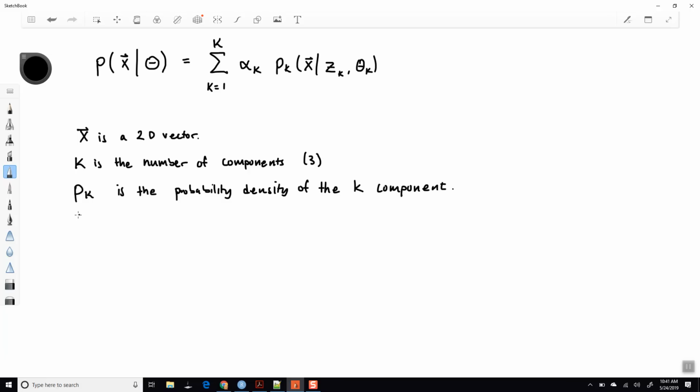And z sub k is a vector of 0s and 1s to indicate which component is at play, is being used.